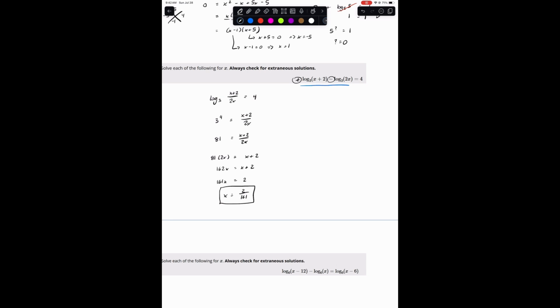I am not particularly a fan of plugging this back in, but we can. Going off the original, we have log base 3 of 2 over 161 plus 2 over 2 times 2 over 161.